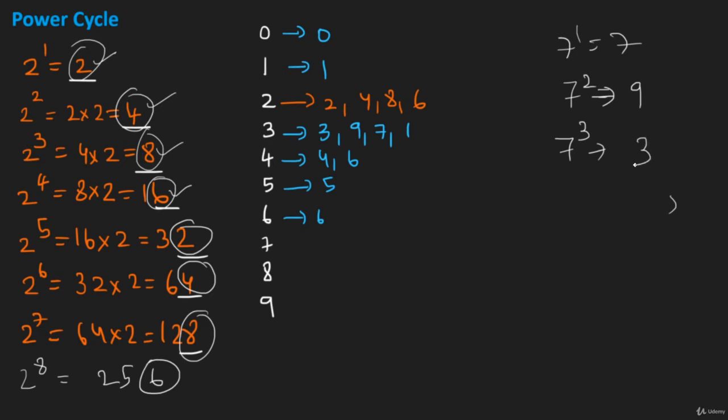So I just write 3 over here, which will be the unit digit involved. And in the case of 7 to the power 4, I have to do 7 into 3, that's 21. Therefore the unit digit is 1. And if I take 7 to the power 5, I'll again get 7. So you can see that in the case of 7, the pattern is 7, 9, 3, 1, and that repeats.